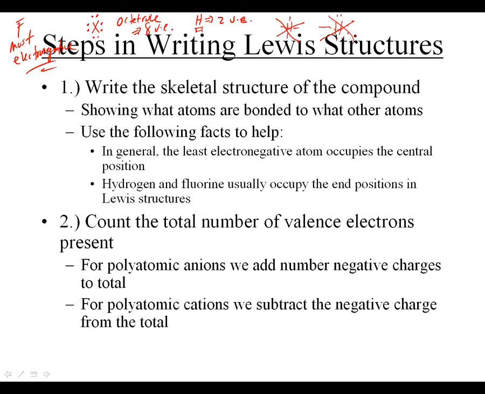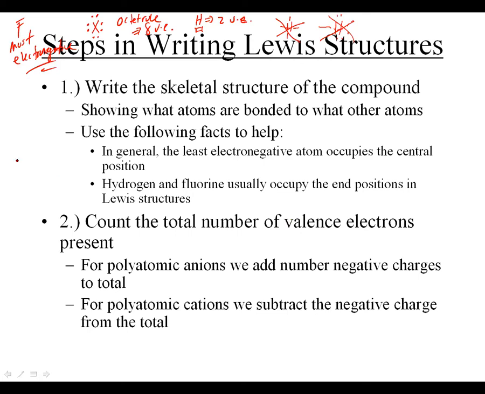to the center atom. Now, the most important thing is really the next step, and that is the total number of valence electrons. When you are counting up from a formula, you want to count the total number of valence electrons.